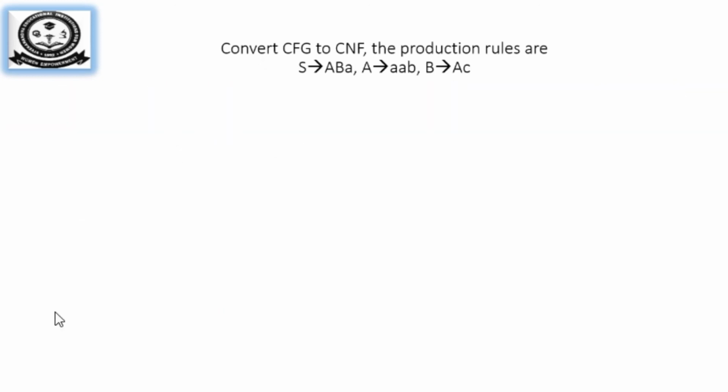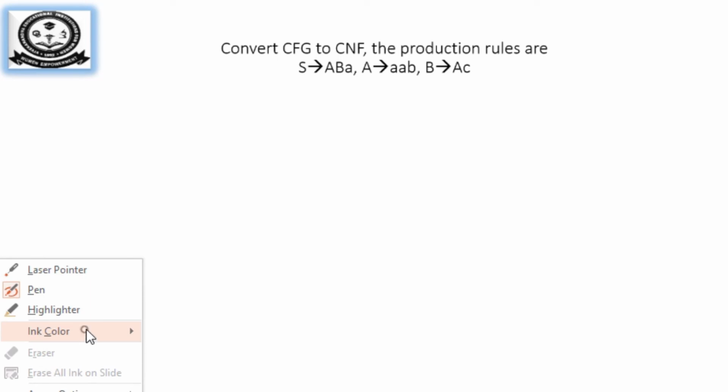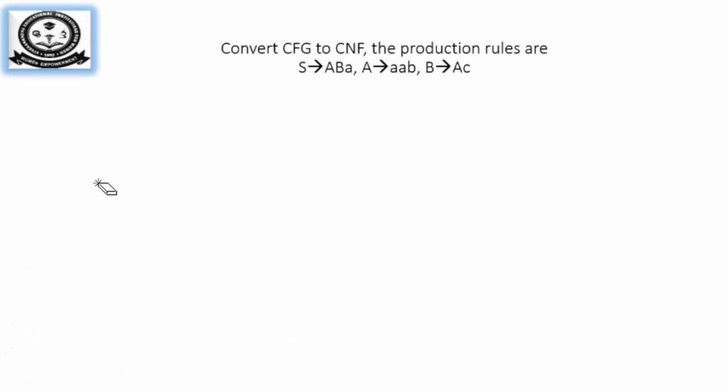So we'll see the last example of a Chomsky normal form, which is of a different type. I'm sorry for taking time. If you are understanding the rule, you can see S tends to ABA, and A tends to capital A and B, and B tends to AC.